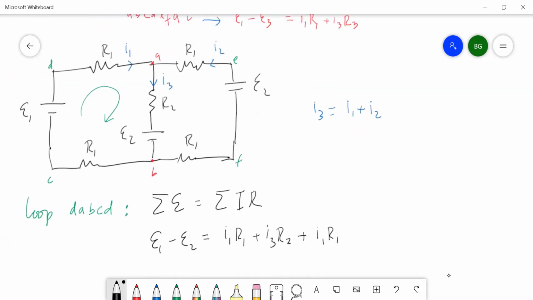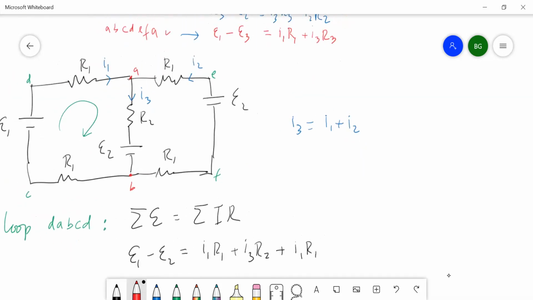Sorry, this epsilon 1 is 3 volts. Epsilon 2 is 6 volts. R1 is 2 ohms, and R2 is 4 ohms here.